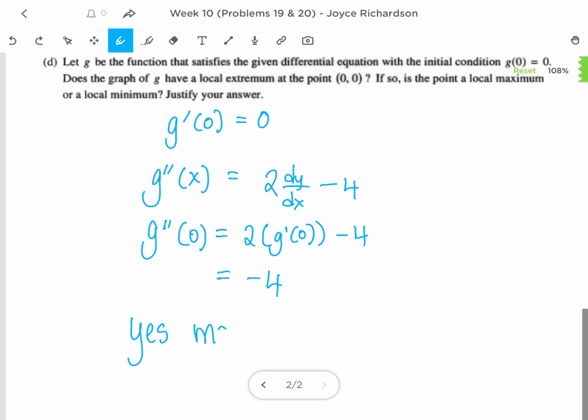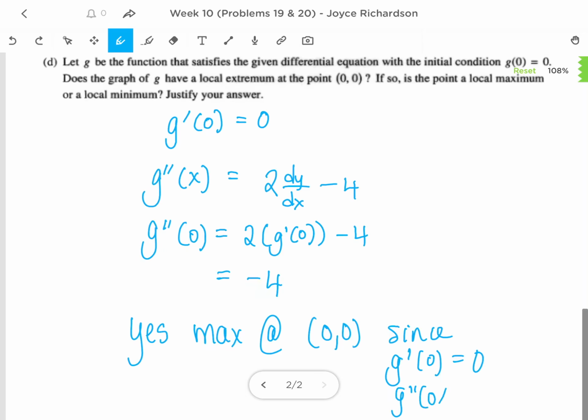So, yes, there is a maximum at 0, 0, since g prime of 0 equals 0 and g double prime of 0 is less than 0. Done. There's your justification. Okay. End of story.